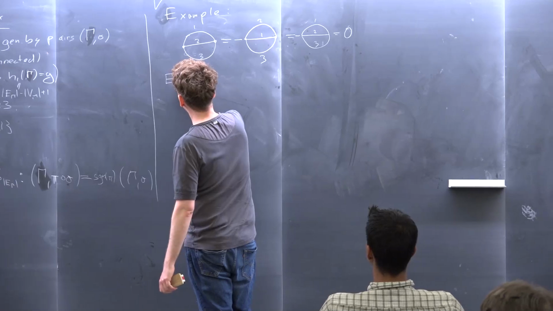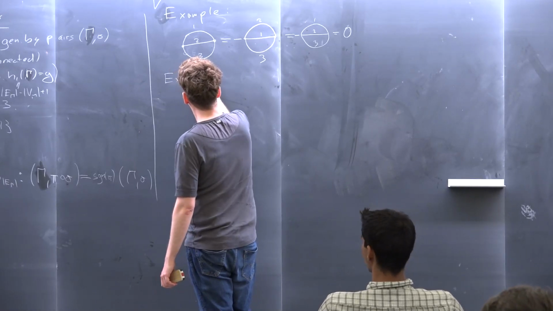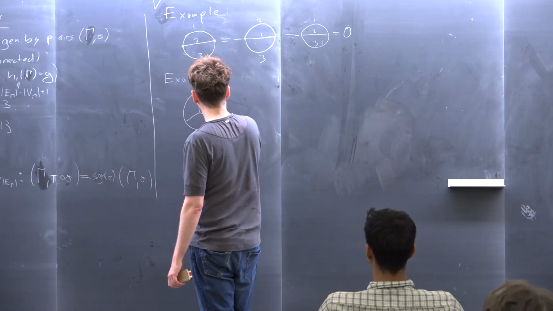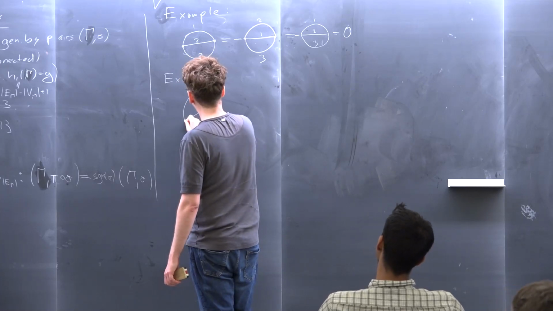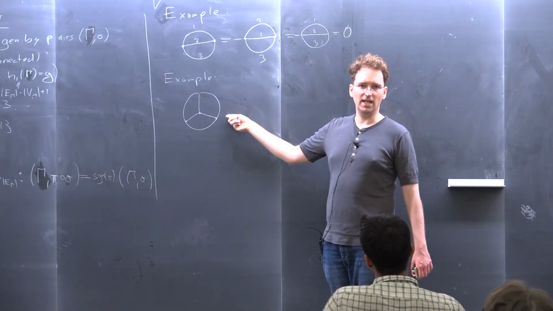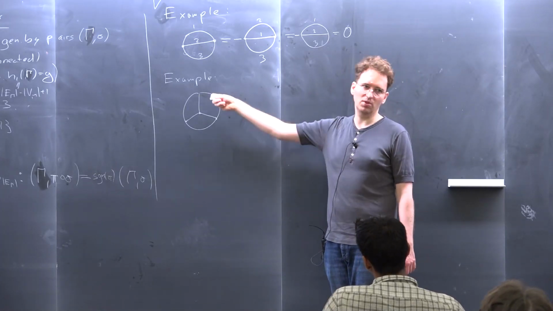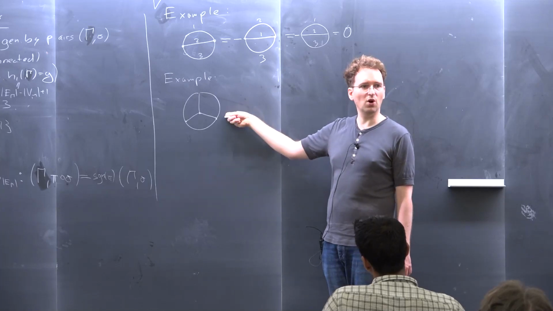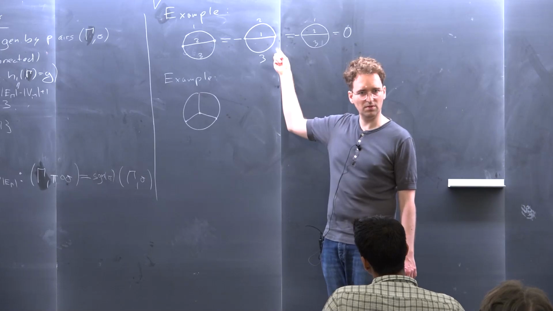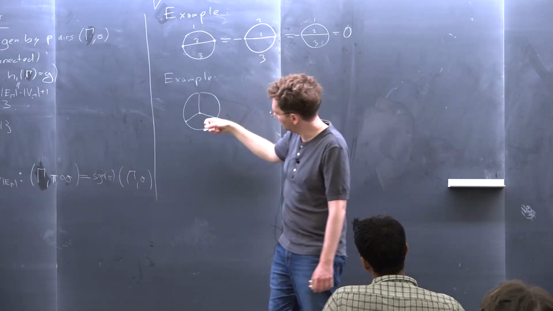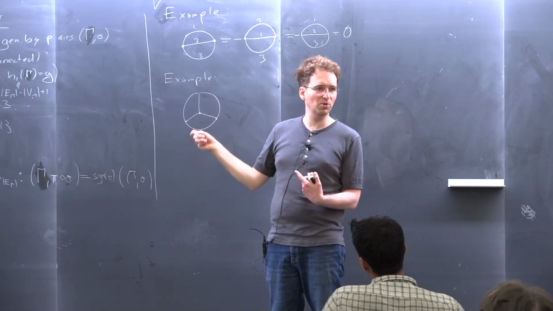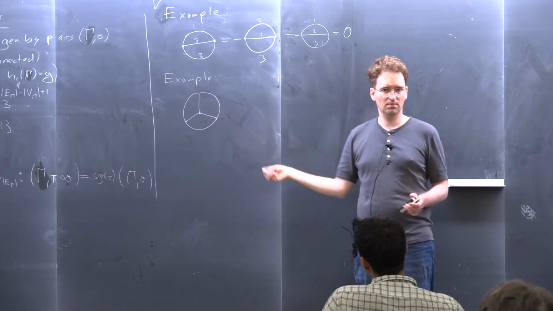So an actual example is this tetrahedron graph. And it's now an exercise to check that we can pick a numbering of the edges, and there's no automorphism of this graph that maps it to 0 like we did with this one. So what you need to check is that all automorphisms act as an even permutation on the edges of this graph.